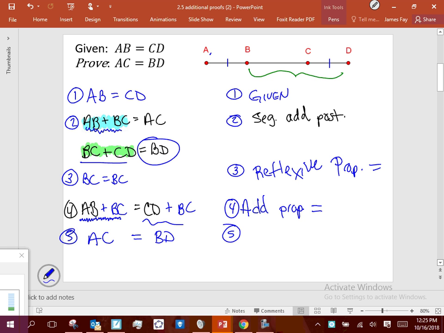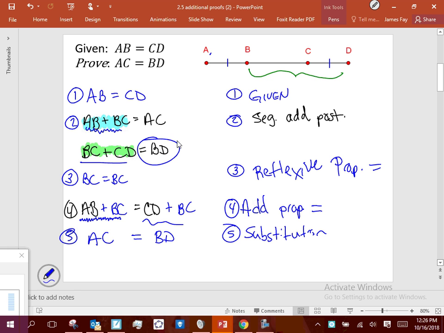So removing AB plus BC and replacing it with AC, and removing CD plus BC and replacing it with BD, what's that replacing procedure called? Okay? Is that what we want to prove? Yeah. Okay.